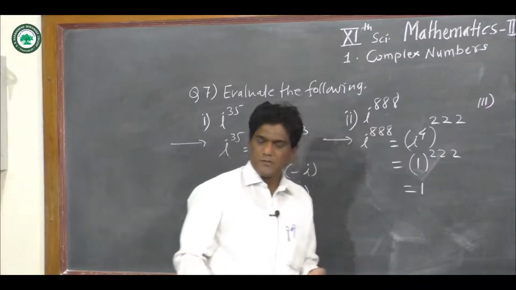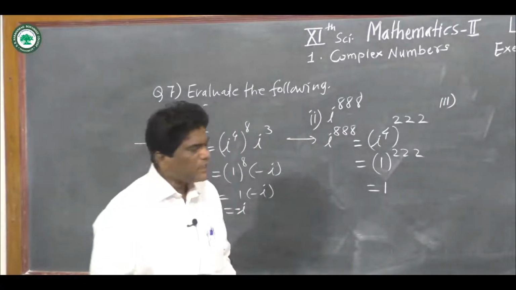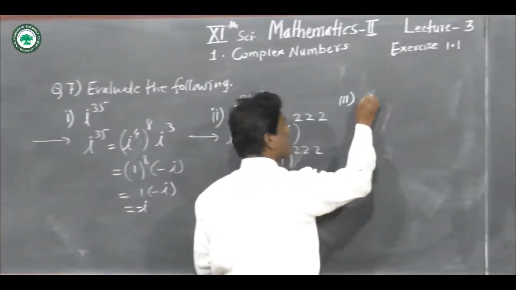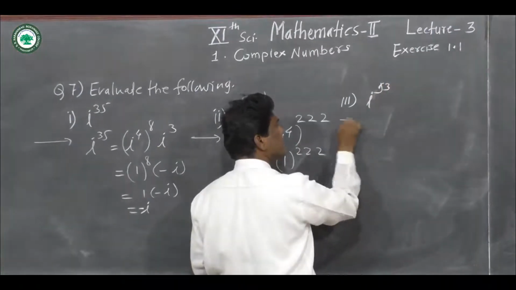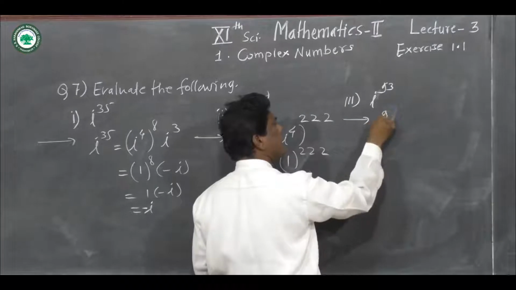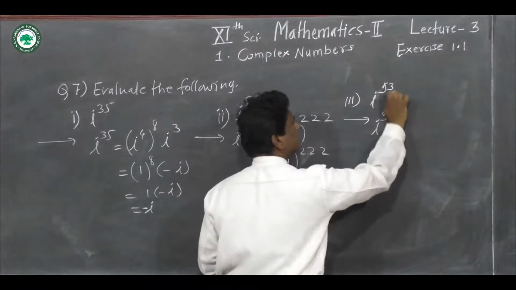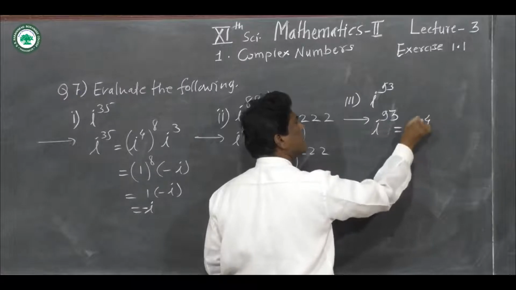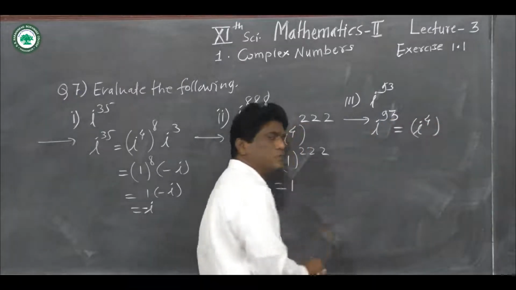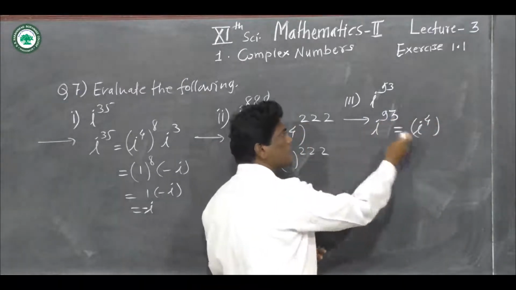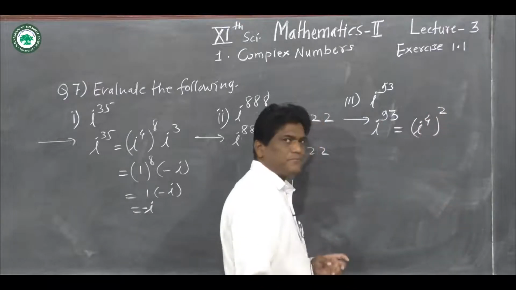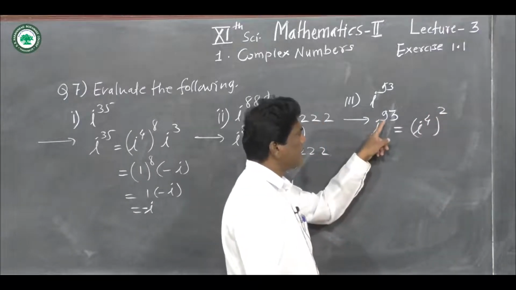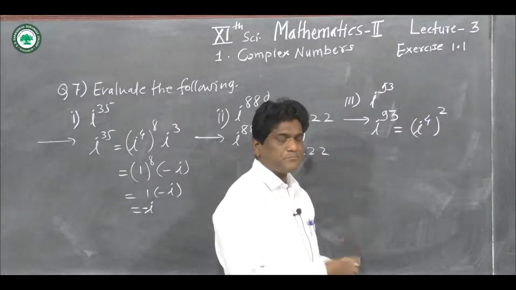Now next, the third problem here, i to the power 93. Solution: i to the power 93 is equal to, firstly write down i to the power 4 and divide this number by 4. 4 2s are 8. Now 1 here and this 3 become 13.